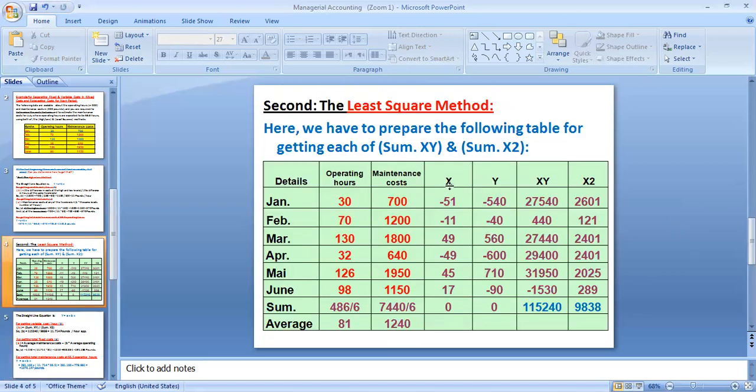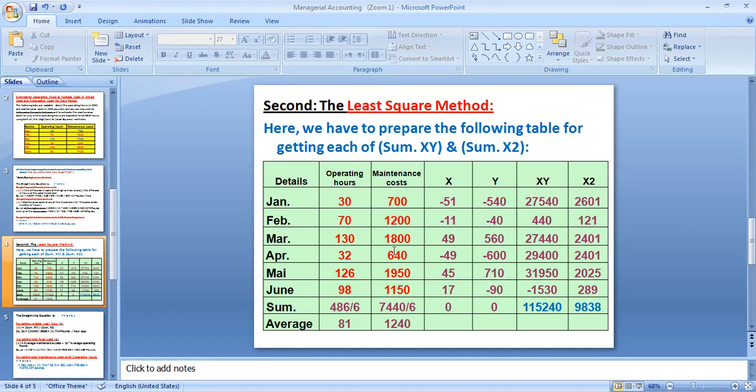Once again, to get X, total number of hours divided by the number of months gives you the average. Deducting the average from each month's hours gives you X. Make sure that their total is 0. How to get Y?